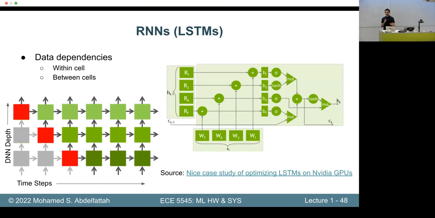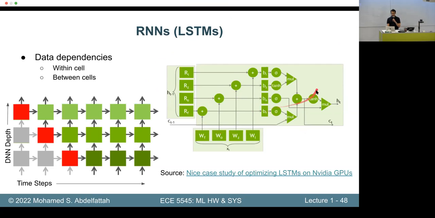I won't go into too much detail because of the time constraints and the nature of this lecture. But basically, remember how I said data dependencies aren't a big deal in neural networks? They are kind of a big deal when it comes to recurrent neural networks. This is an image of an LSTM layer.